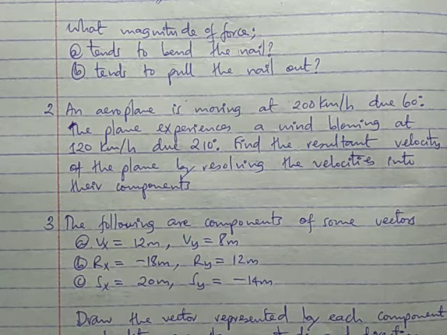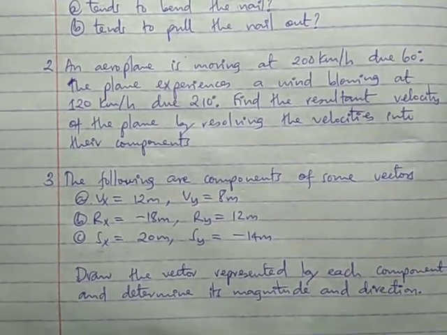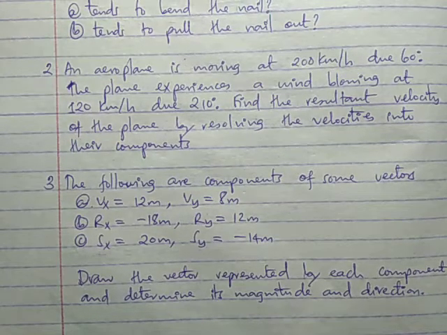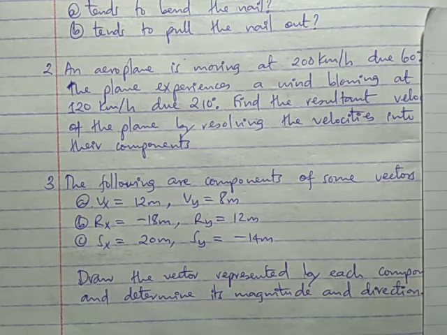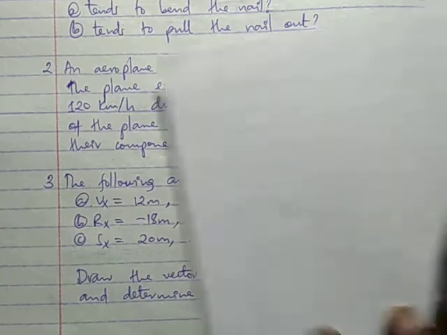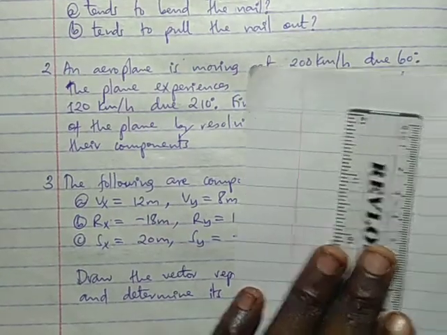Kwa hiyo swali nauliza the following components of some vectors. Draw the vector represented by each component and determine its magnitude and direction. For example, for question A tumepewa Vx ni 12 meter, Vy is 8 meter. There is no need to use scale for Vx and Vy.